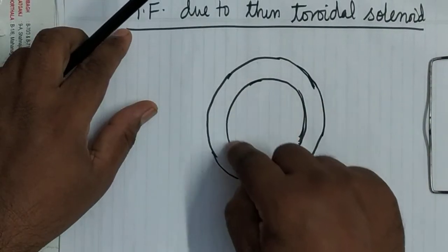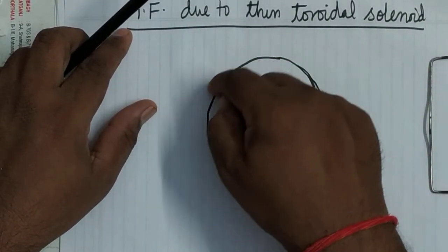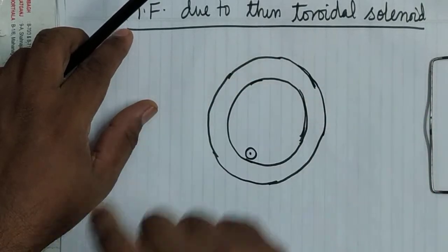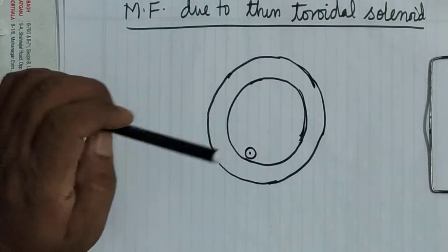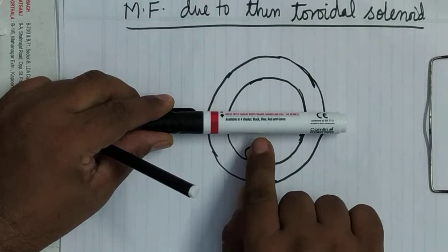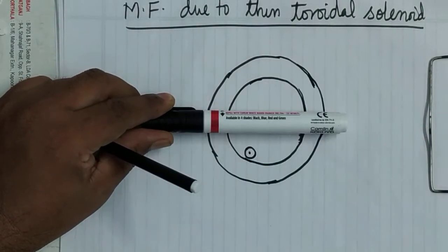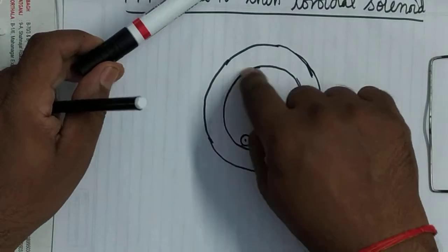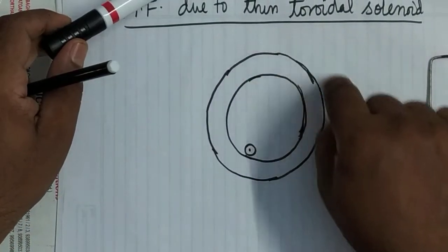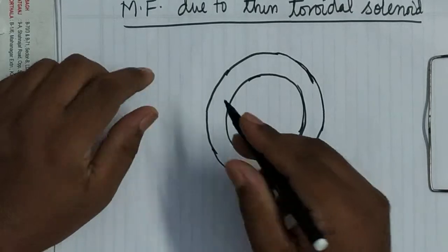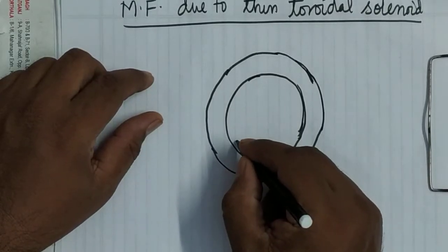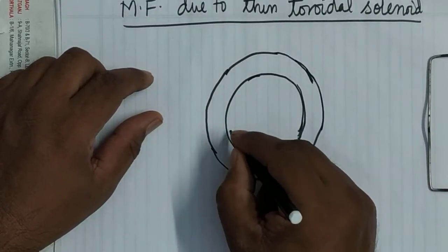Suppose there are 100 turns in this side, then 100 turns will also be in this side, because every turn which comes from this side bends and goes in the other side. This is one edge, the inner edge, and this is the outer edge. It is clear. So here there will be an equal number of turns in both sides.